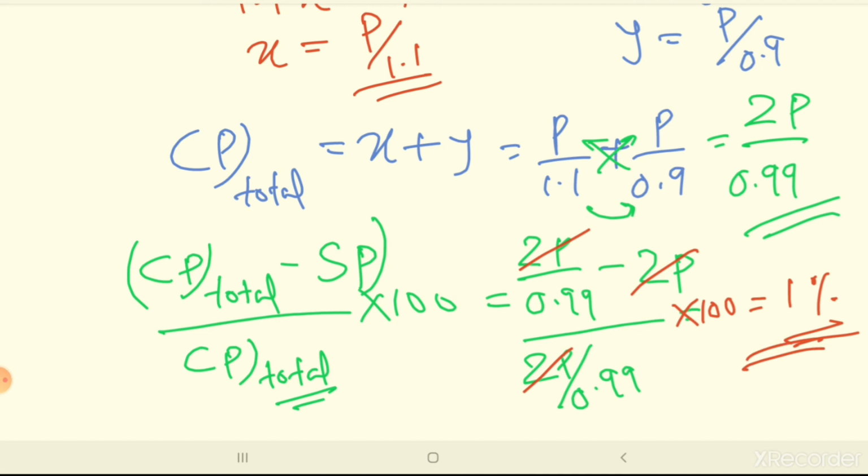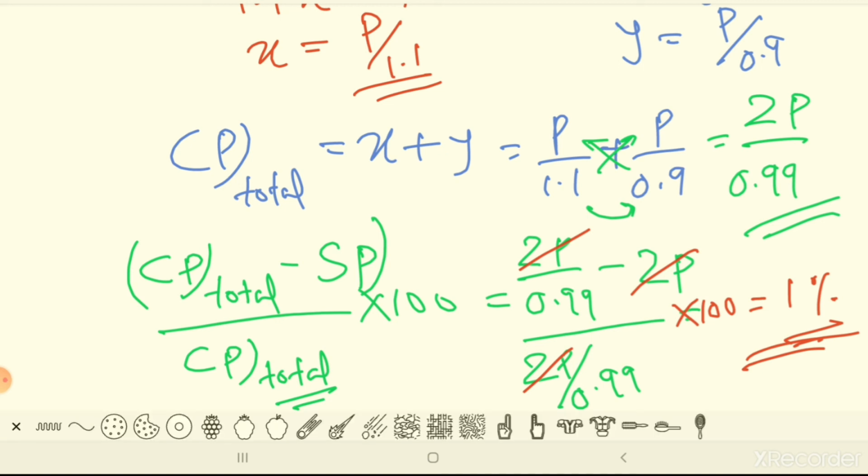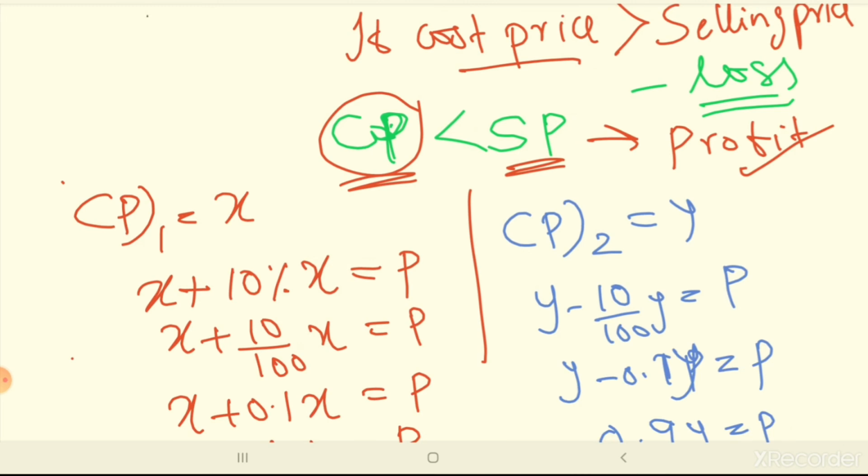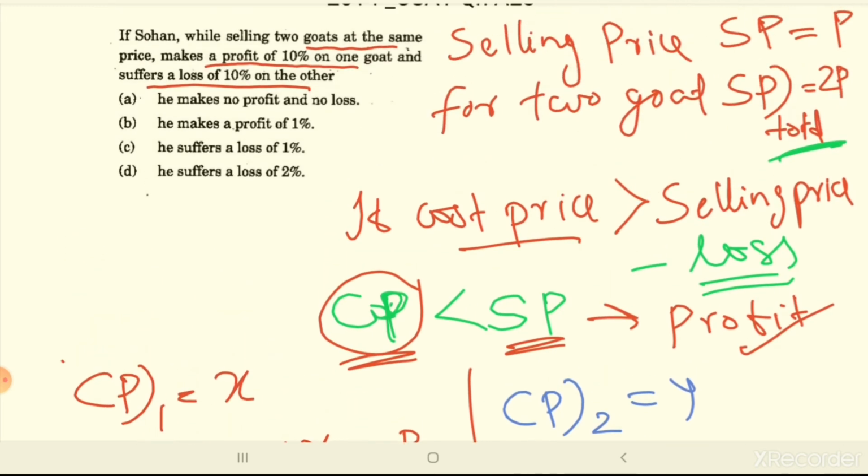Cost price is more than the selling price by 1%. So he incurred a loss of 1%. Option C is the answer.